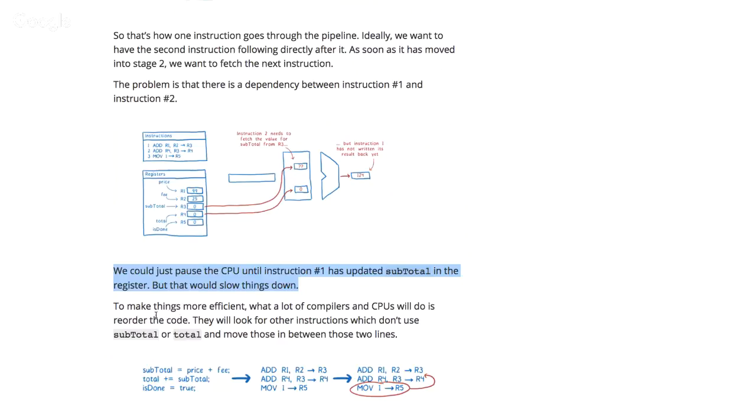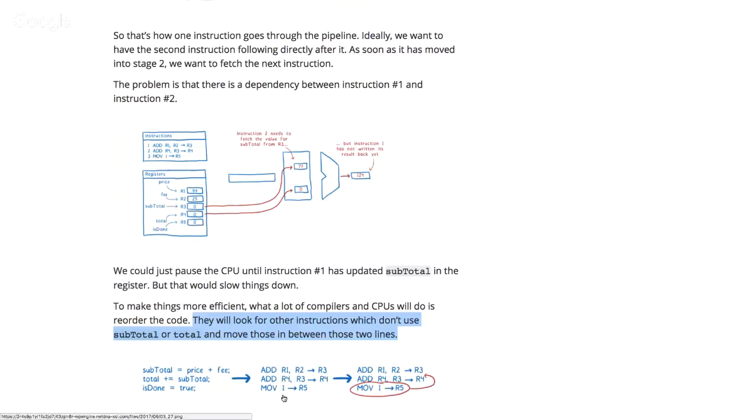To make things more efficient, what a lot of compilers and CPUs will do is reorder the code. They will look for other instructions which don't use subtotal or total and move those in between those two lines. So it looks like they will reorder the instructions for you.